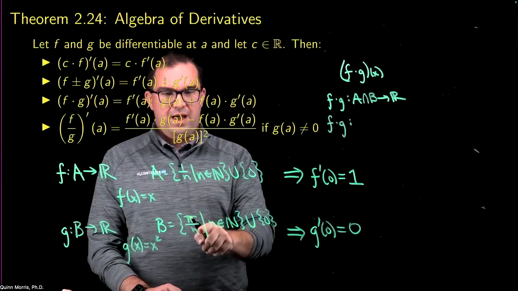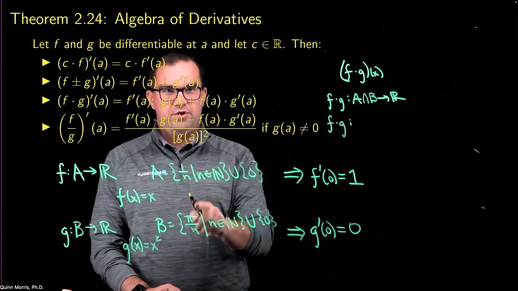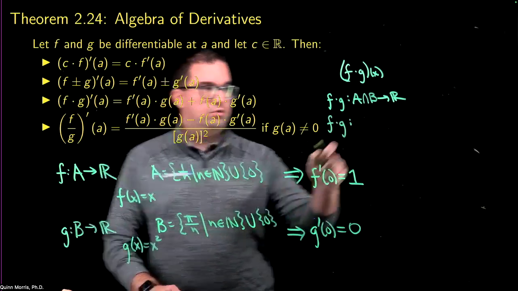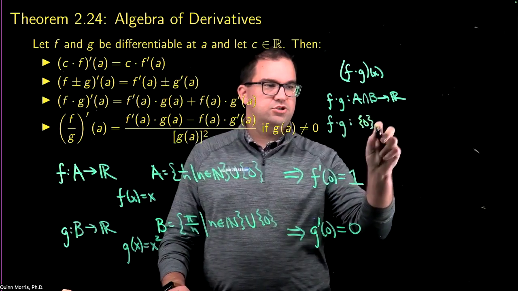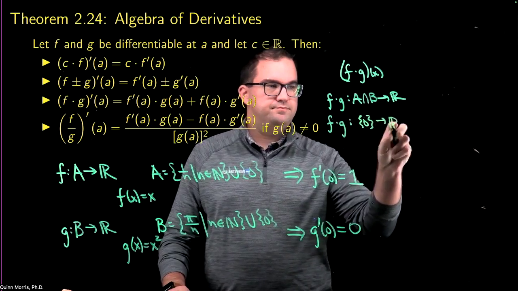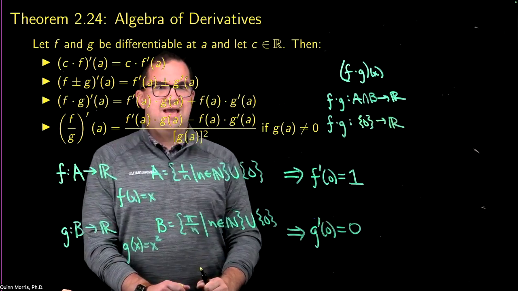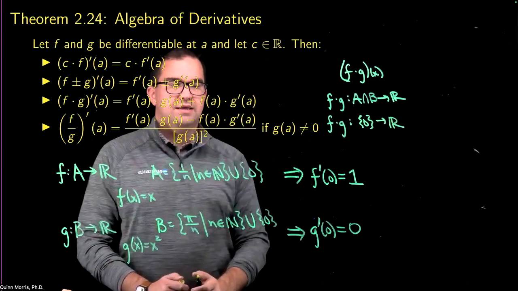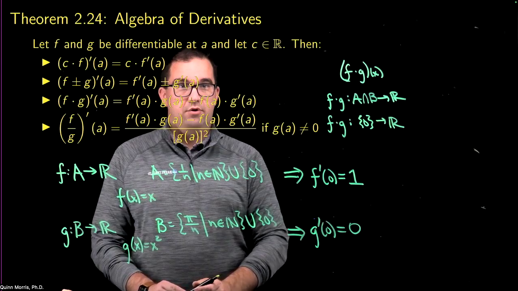These are numbers of the form pi over n. These are numbers of the form 1 over n. These two don't intersect at all. The only point of intersection is 0. So the only place f times g is going to actually be defined is at 0.